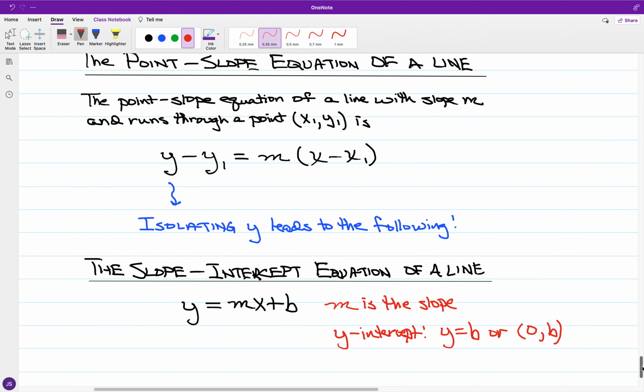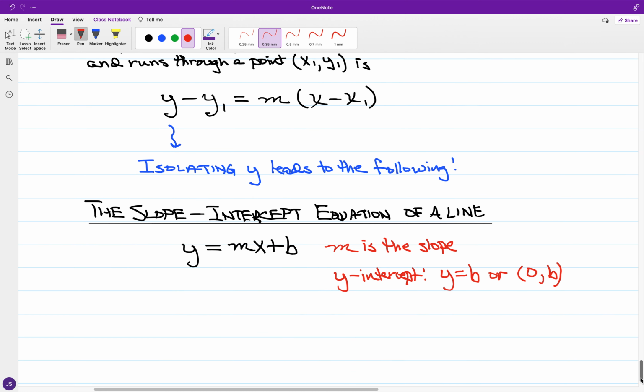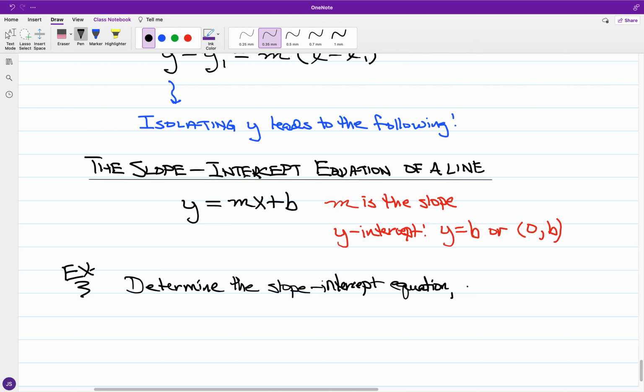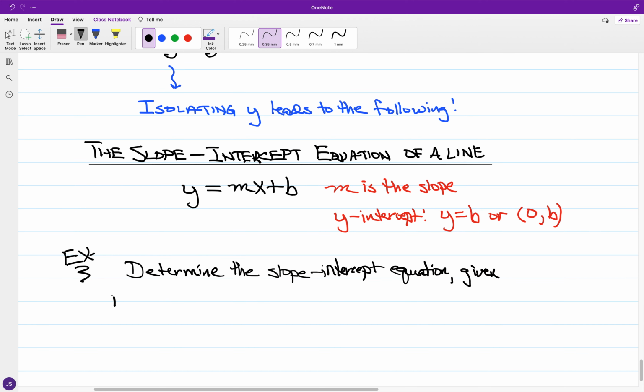Looking at tying together these types of equations, let's look at an example. Say you have to determine the slope-intercept equation, given that the slope is provided.